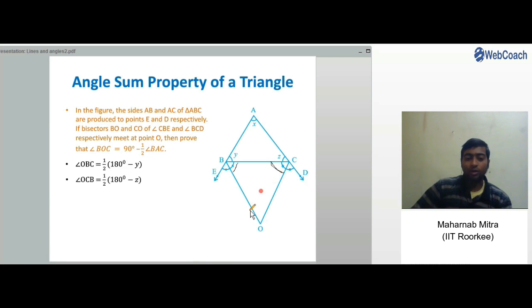Okay, so we have got the value of this angle, also we have got the value of this angle. Now we need to find the value of angle BOC, right? In the question we are asked to find the value of BOC and show that it is equal to something. So first we need to find the value of BOC, and we know two of the values of this triangle BOC, right? So we use the sum of angles of a triangle as 180 degrees and subtract the sum of the two angles from 180 degrees to get the third angle.